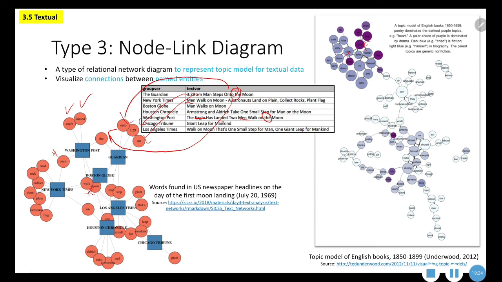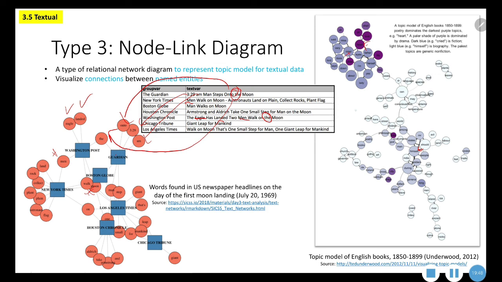Then we also have light blue, for "himself". Let's find where "himself" is. This is "himself", which is lighter than "cried", and it represents biography, meaning the genre of the word represents biography.